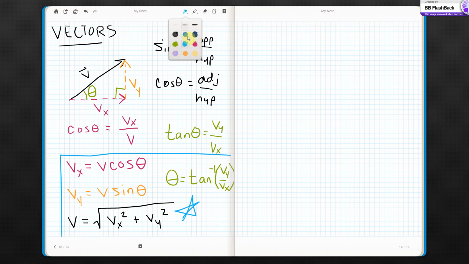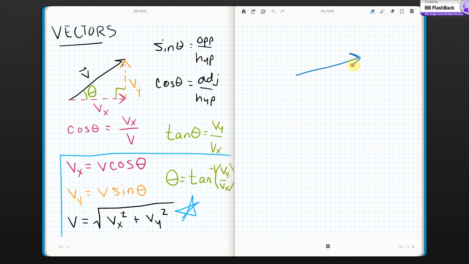So I'm going to do some generic vectors here. Let's call this one 5 meters, I suppose. I'm totally just making stuff up at this point. And it makes an angle of 30 degrees. I know it doesn't look like 30 degrees, just pretend. 30 degrees is a nice number because it comes out well in sines and cosines and stuff.